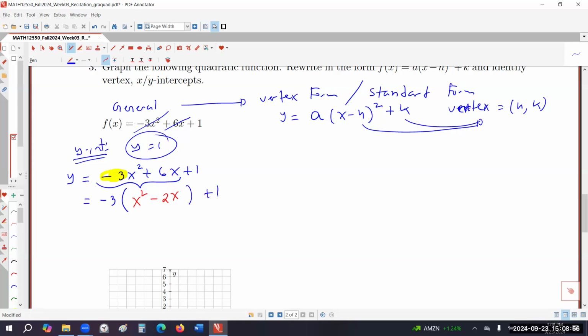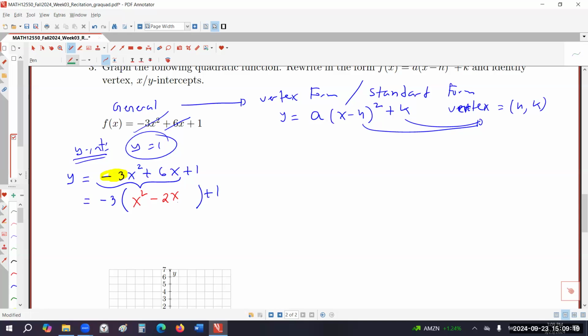And then we put our +1 aside. Okay. Now we're going to do something interesting. We want to add something extra here.